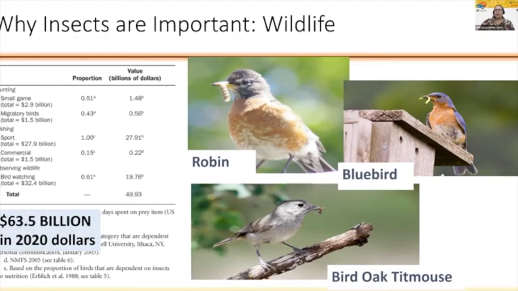So a lot of people have estimated what the loss of biodiversity might mean for pollination services, waste management services, pest control services, and even for other wildlife that are dependent upon insects and diverse biota in order to complete their life cycle.